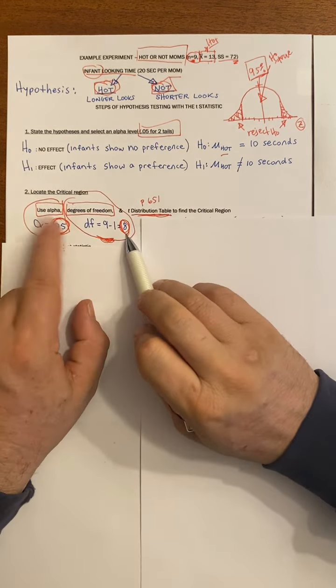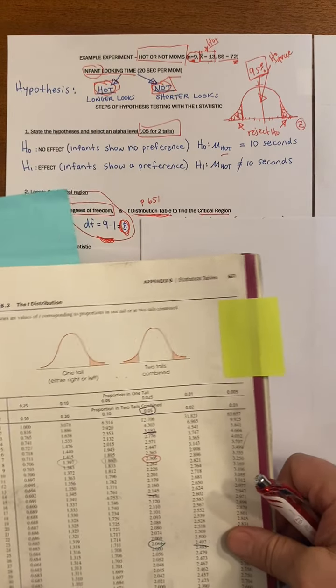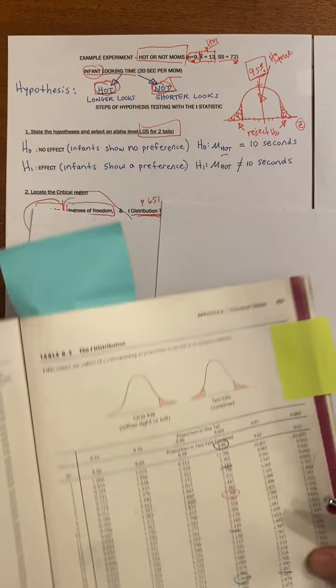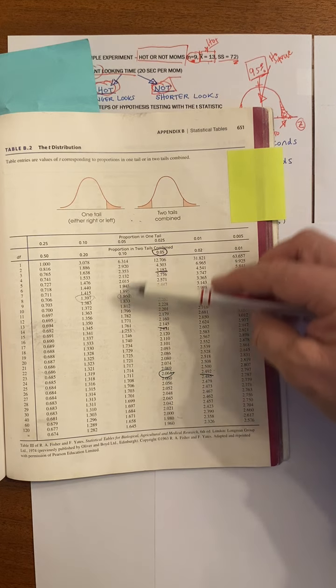Okay, so I'll show you how you're going to do this. You're going to go to page 651 in the book. First thing that we're saying is we're looking for the alpha level at that 2 tails. How do you do that? Well, if you look at the t distribution on page 651, you've got all of these different critical values.